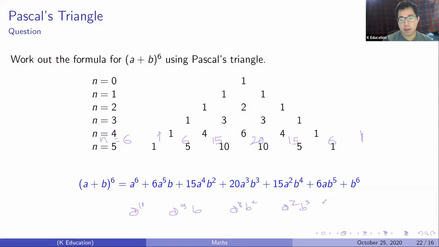You see how the powers of a are going down and the power of b is going up. Instead of multiplying it out, you just write the Pascal's triangle and then figure it out. That's much simpler.